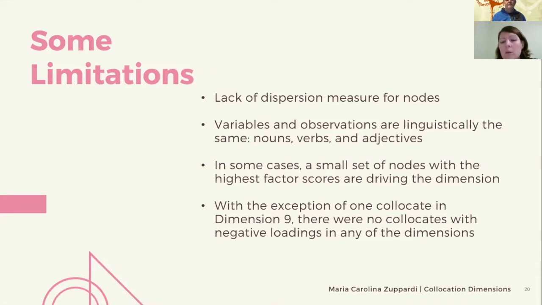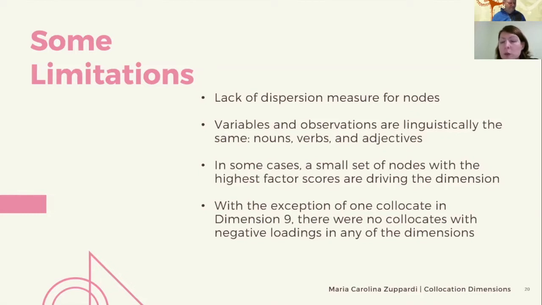So that is something to think about as well. And this happens with a lot of the lexical research that uses factor analysis and dimension reduction procedures, but with the exception of one collocate in dimension 9, there were no collocates with negative loadings.